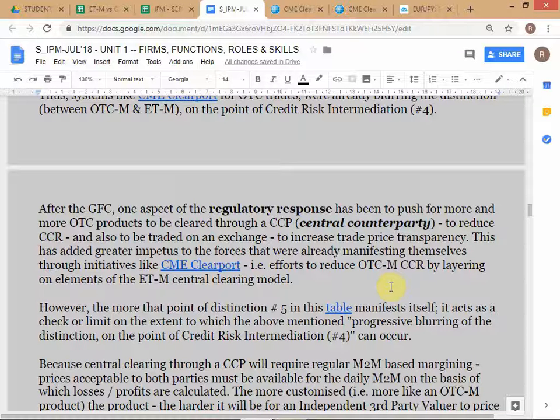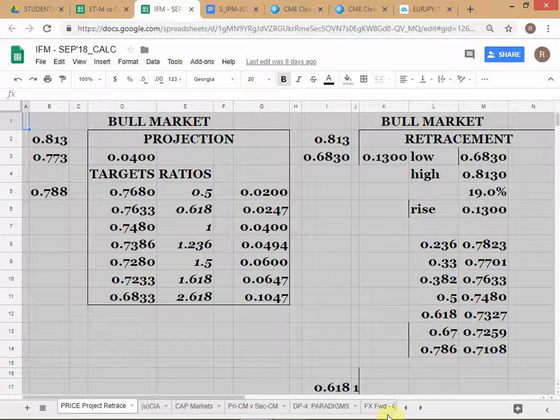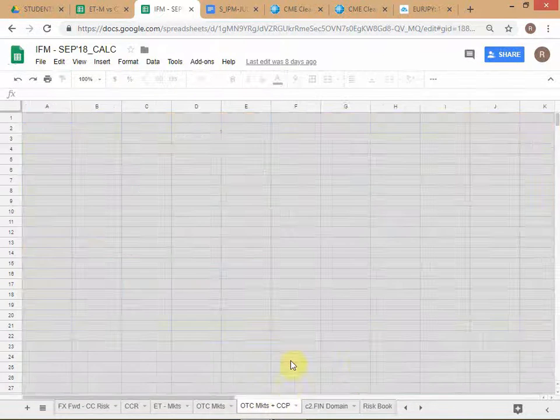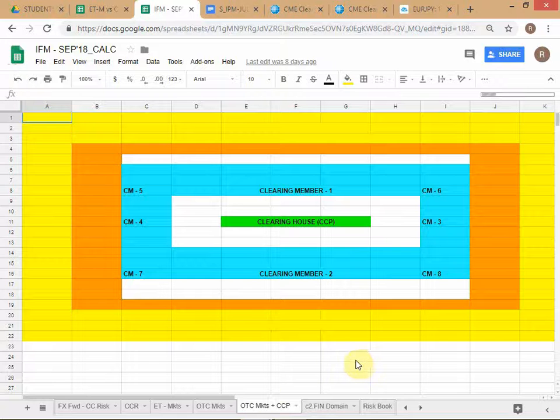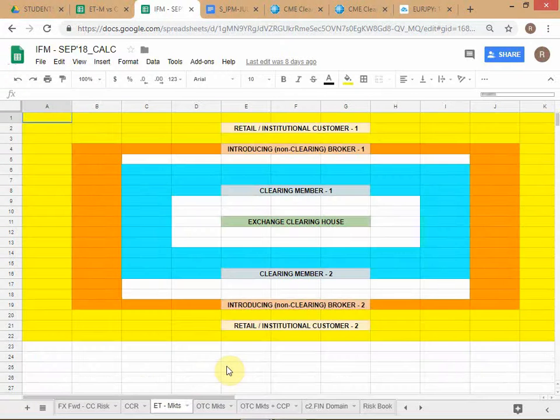Essentially, remember, let's briefly look at the exchange traded market setup, recapping the setup in exchange traded markets.